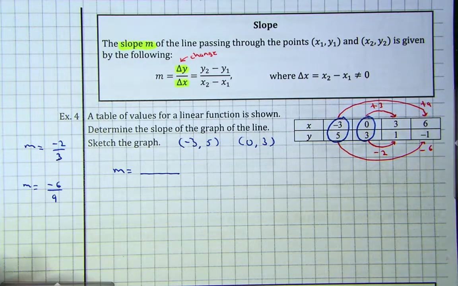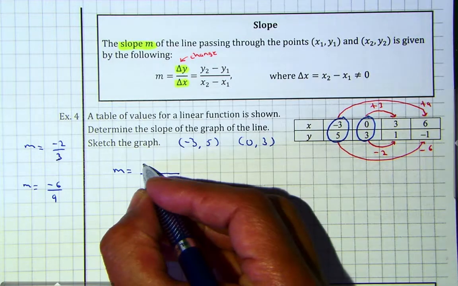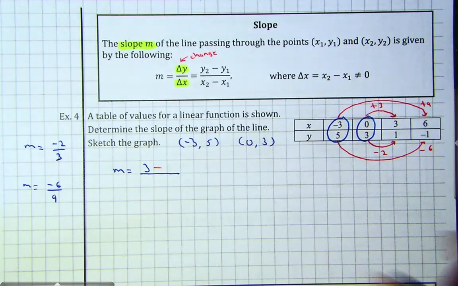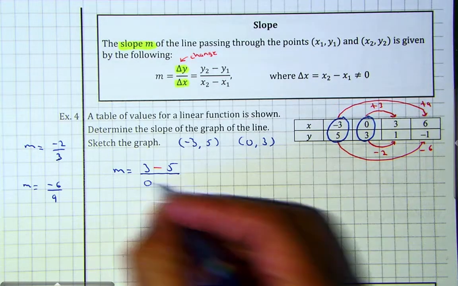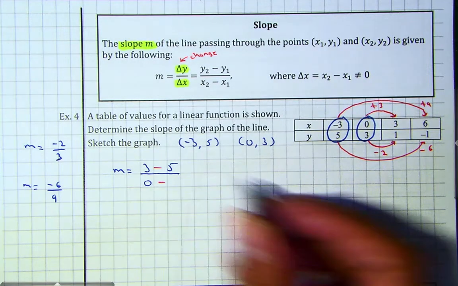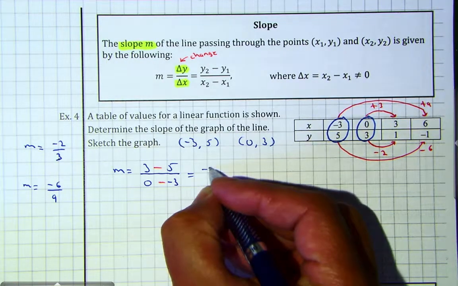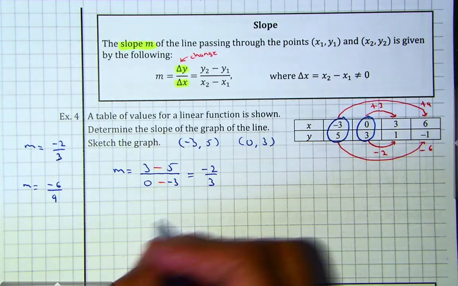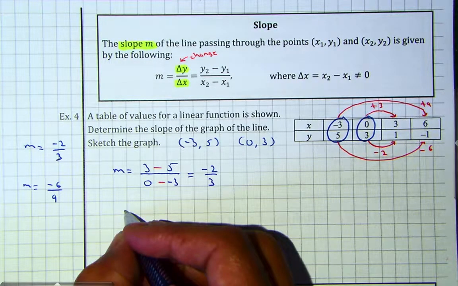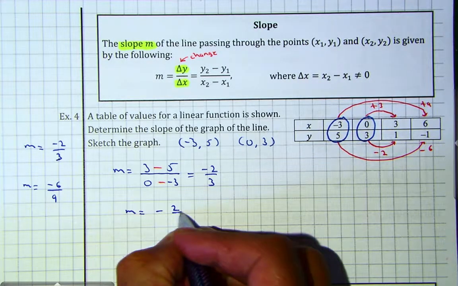So therefore, it'll be 3 minus y1, which is 5, over x2 minus x1, which is negative 3. Therefore, that'll be negative 2 over positive 3. And your slope is negative 2/3.